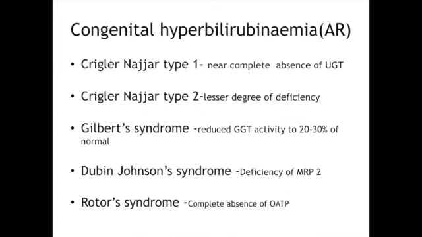And Gilbert syndrome is a very common condition, and it is due to reduced UGT activity to 20 to 30% of normal. And Dubin-Johnson syndrome is actually due to the conjugation factor deficiency.